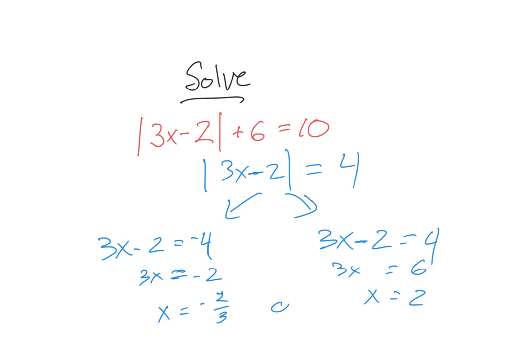And the answer here would be "or," because you can't be two things at the same time. Using some set notation, x equals negative 2/3, or, that's a union symbol, x equals 2. This is a union, a giant U. It's translated as the word "or." You can just use the word "or."